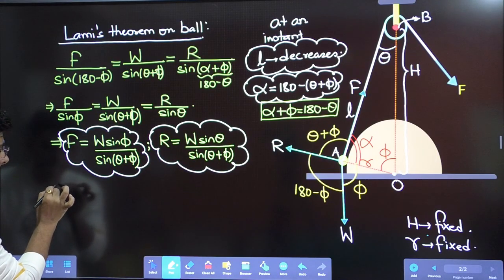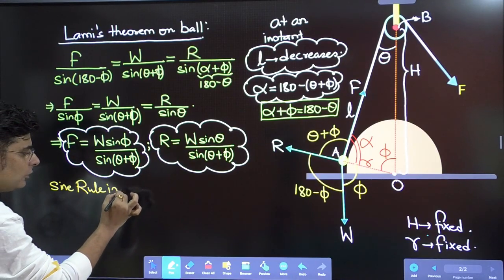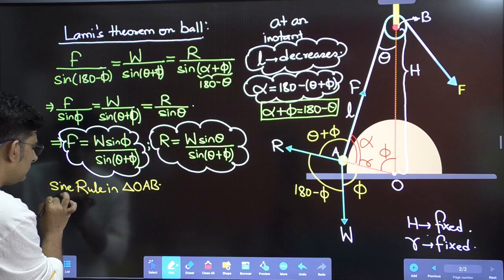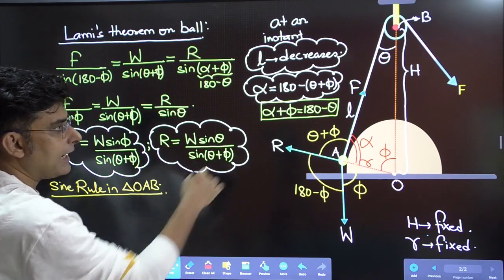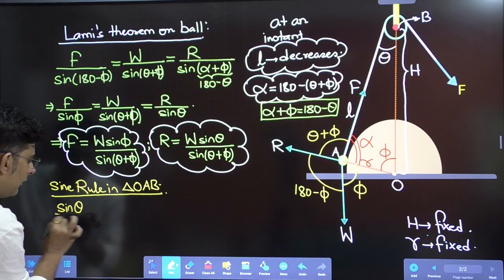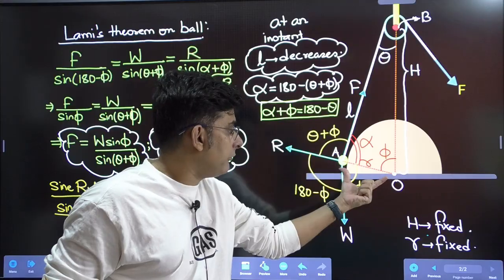So sine rule in triangle OAB. So what will I say by sine rule? If I take sine of theta, then I have to take the side in front of it. What is that?